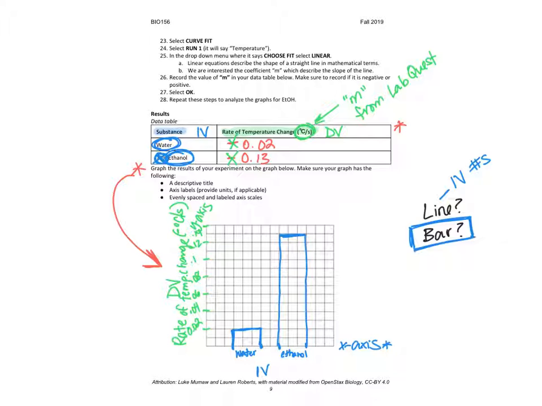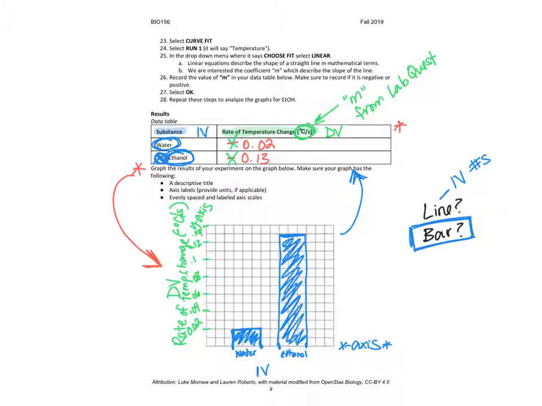You can color it in if you want, and you can use different colors. It doesn't really matter as long as you stay consistent so that it's easy to compare these two. Now remember, this is not the real data, so don't make a graph like this. You need to make sure your graph reflects what your data says up here.